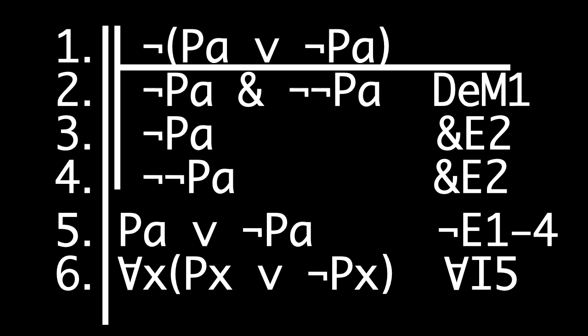So for example, we couldn't have said on line 4 for all x, not Px, because we were working with an assumption on line 1 that assumed something specific about A. Once we've closed the subproof, once we're back out in the main proof on line 5, A isn't anything special. We don't have available to us any special assumptions about it. And so that means on line 6, we can replace A with a variable and use universal introduction.